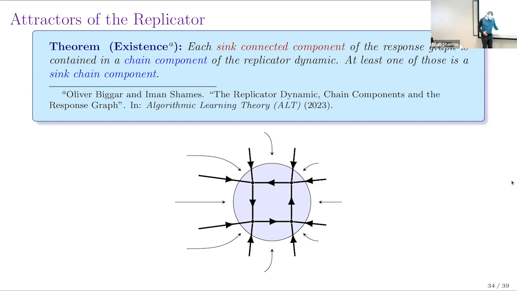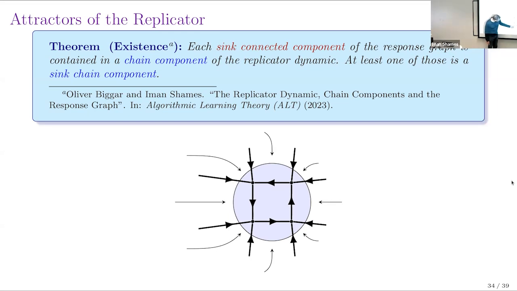So if I have my graphical object, I go and embed it in your favorite, let's say, Euclidean space. It's really in a simplex, but right? And I assign points to the edges.